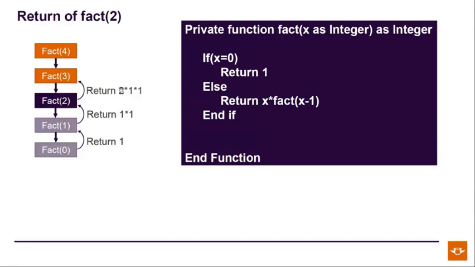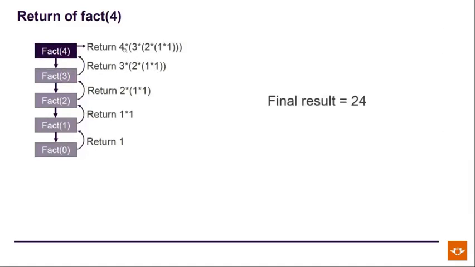We've got return 2 times 1 times 1, 3 times 2 times 1 times 1, and then finally the last case, which returns our 4 times 3 times 2 times 1 times 1, which gives us a final result of 24. Now, this way of going back, returning the values, is what makes a recursive function so useful, because you get those values back.